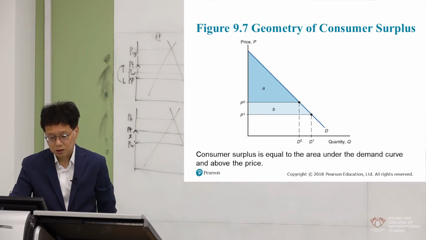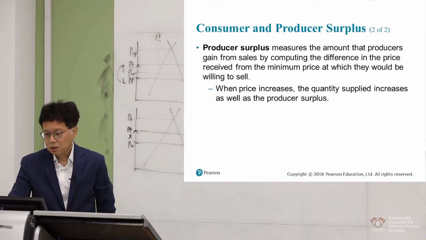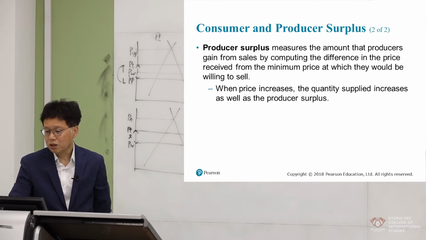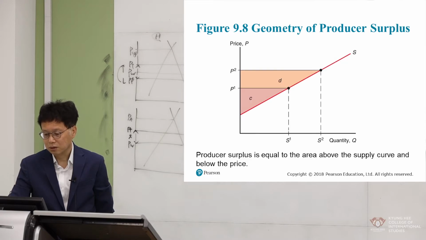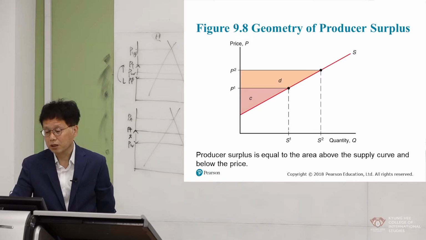Producer surplus measures the amount that producers gain from sales by computing the difference between the price received and the minimum price at which they would be willing to sell. When the price increases, producer surplus is the area below the market price and above the supply curve, right?